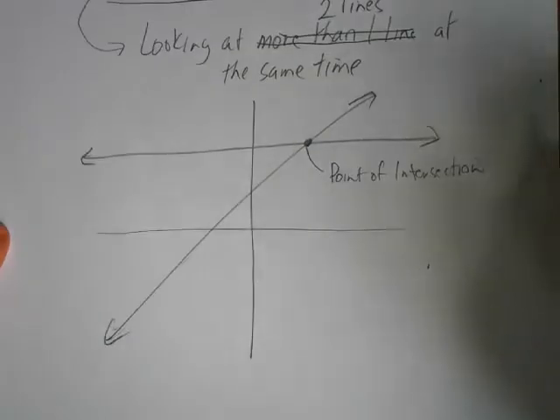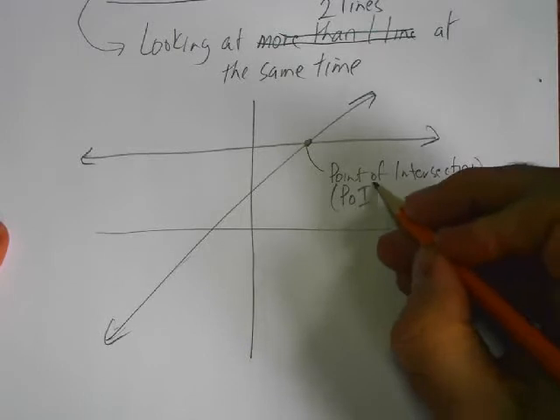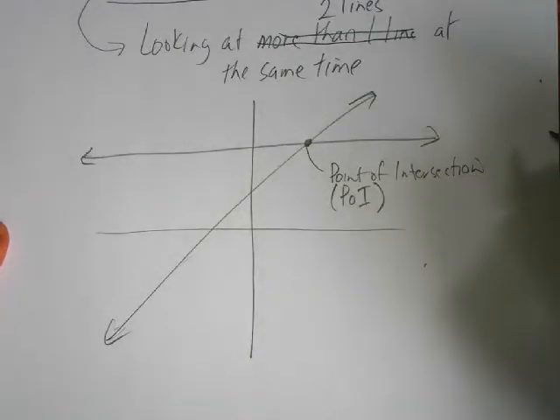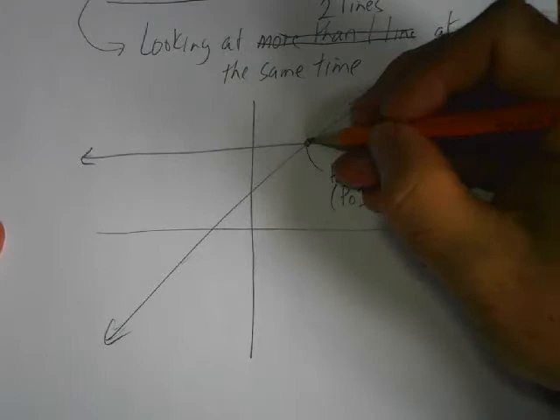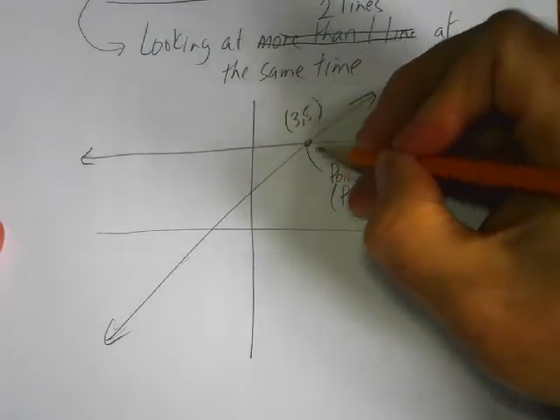Now that's a lot of writing there, so being lazy, we just shorten it to POI. So if somebody asks for the point of intersection, you just say the POI is, and then you'll just give the coordinates. So maybe this point of intersection was the point (3, 5).